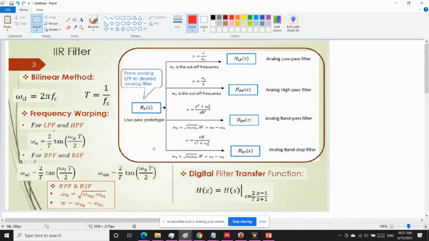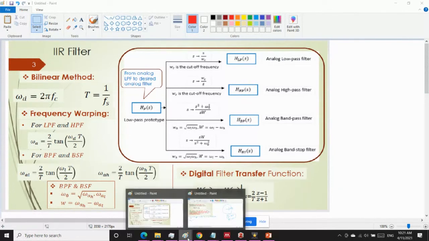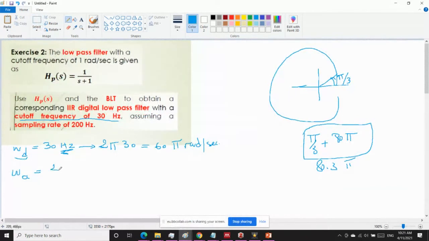Alright, so this is the formula to find the analog frequency: 2 over T tangent of omega d times T over 2.